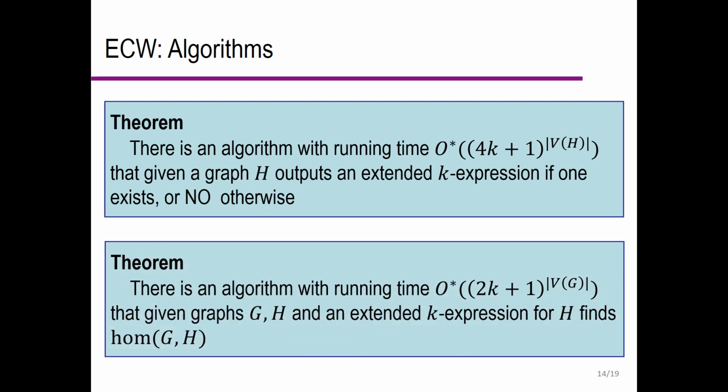And secondly, we proved that if we are given two graphs, G and H, and an extended k expression for H, then we can compute, again in plane exponential time, the number of homomorphisms from G to H.